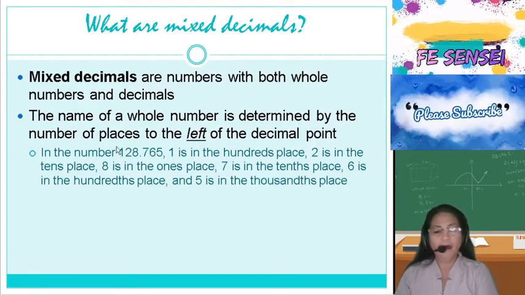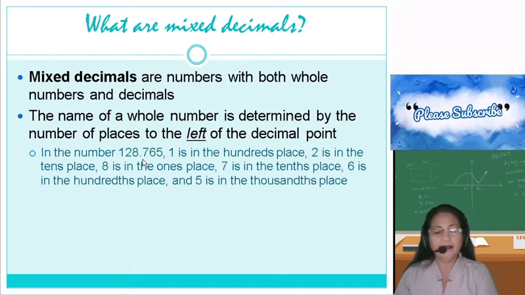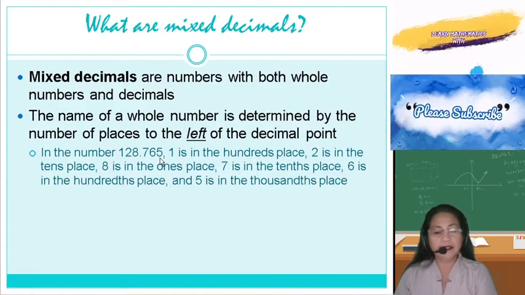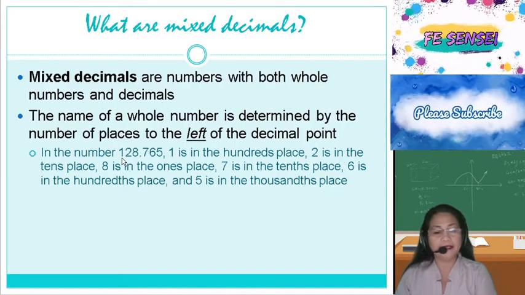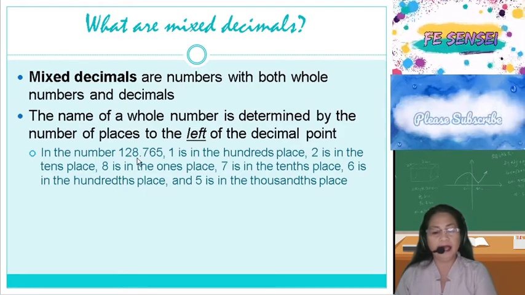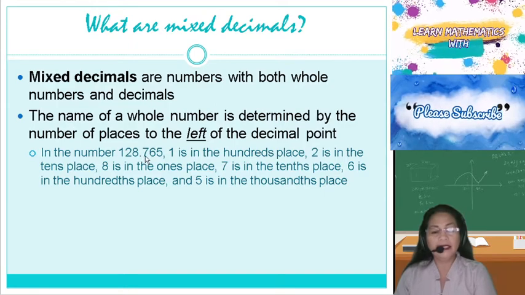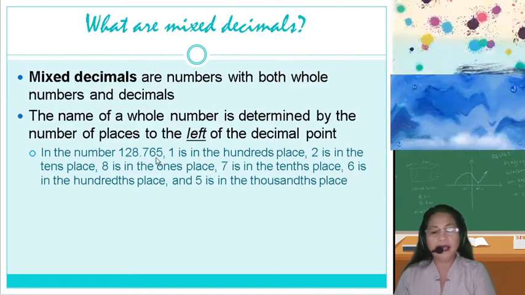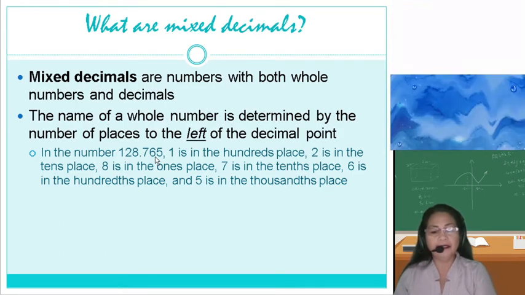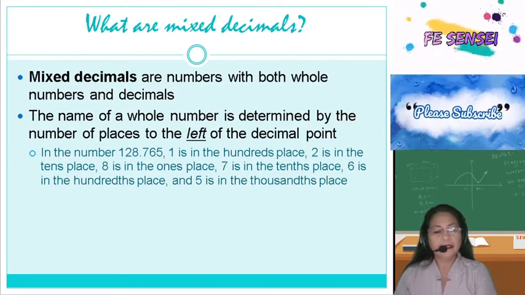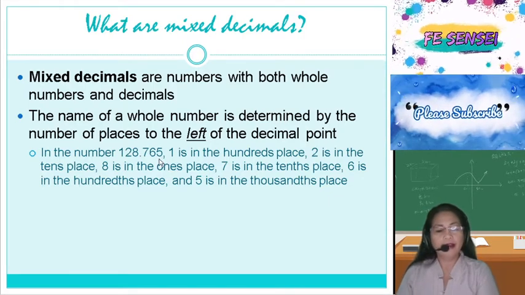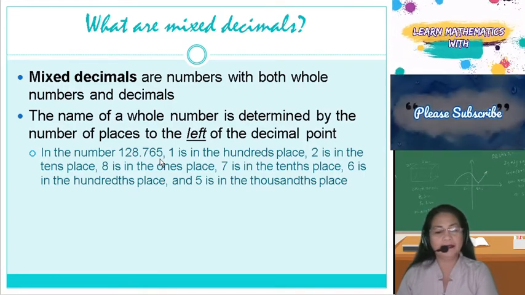In the number 128 and 765 thousandths, 1 is in the hundreds place, 2 is in the tens place, 8 is in the ones place, then the decimal point, 7 is in the tenths place, 6 is in the hundredths place, and 5 is in the thousandths place.